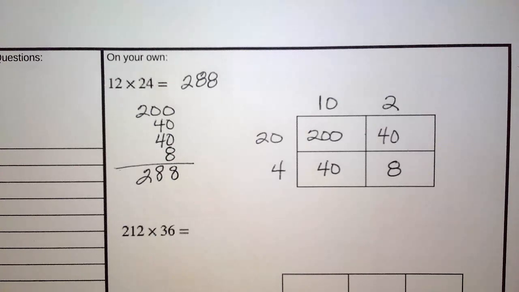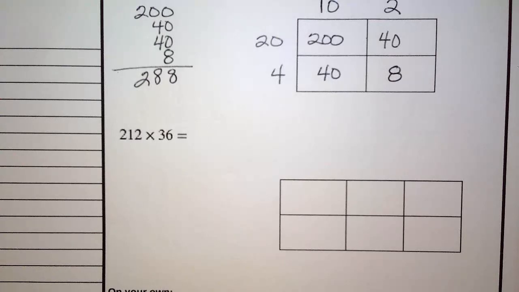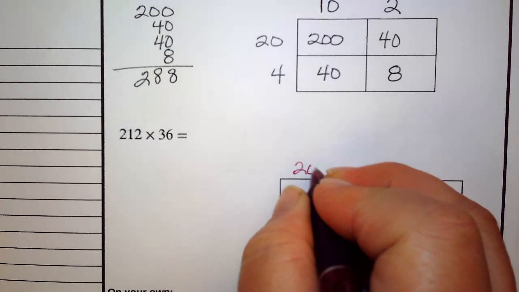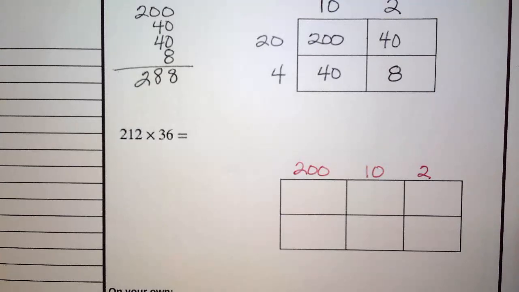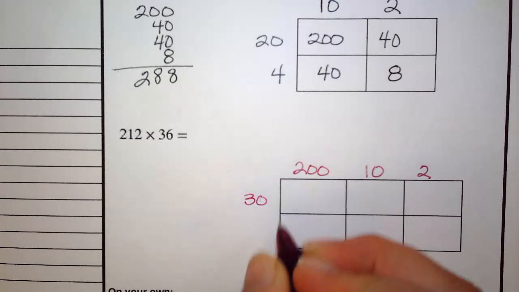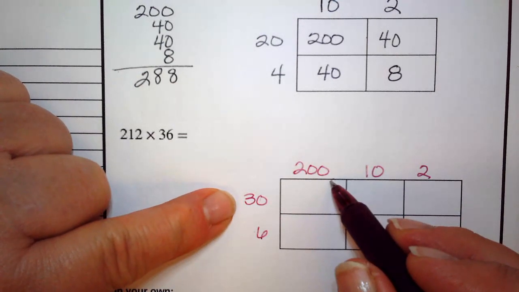What happens if we've got 3? Well, we just add another column. 212 is 200 plus 10 plus 2. 36 is 30 plus 6. 200 times 30.